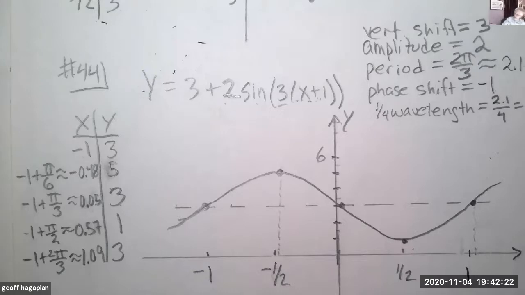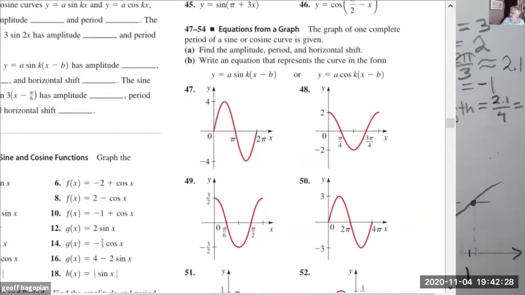So let's go to the book and see. Yeah, they've got some graphs. We would like to then say, what is a formula for this graph, right? So I'm going to go to 47. Let's do 47. So I will reproduce that graph on my paper, and then from that make a table of values and find a formula.